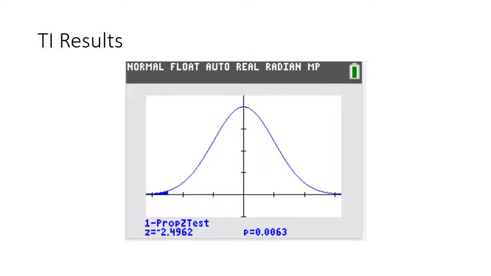So that z statistic, test statistic, says our results are 2.5 standard deviations away from what we expect if the null hypothesis is true. Either we got a freaky sample or the null hypothesis is not true.